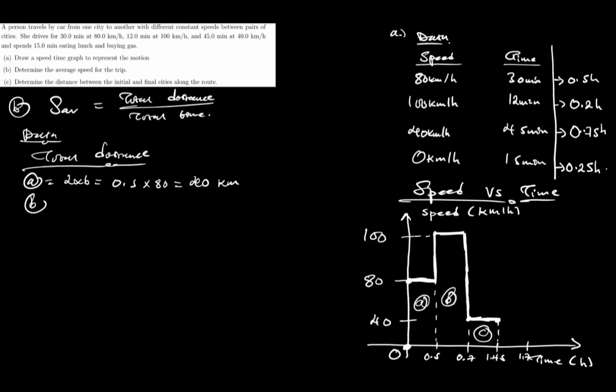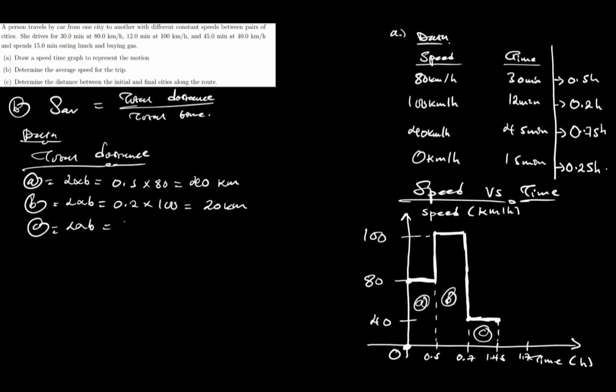Then portion B, same thing, L times B, it's a rectangle. You get the 0.2, which is the difference between 0.7 and 0.5. Then multiply it by 100, and you basically get 20 kilometers. Then portion C, same L times B, because it's a rectangle.